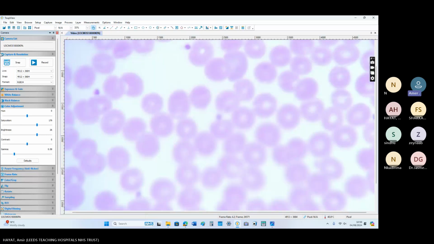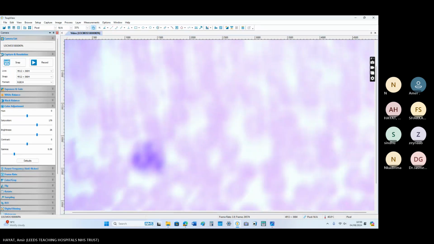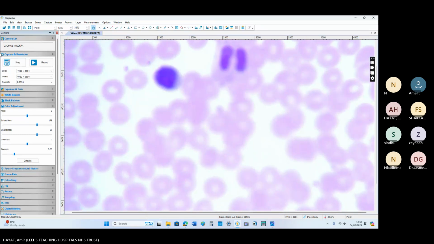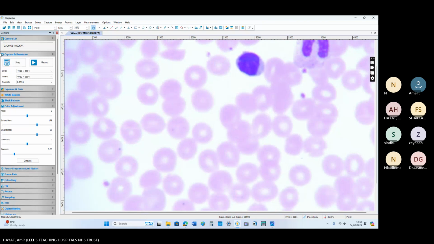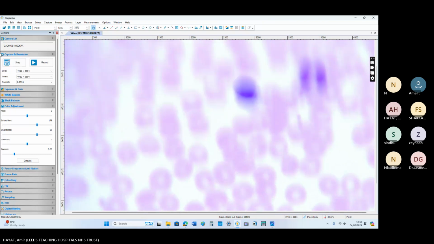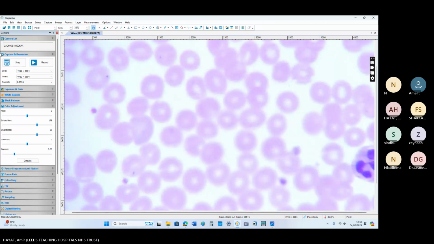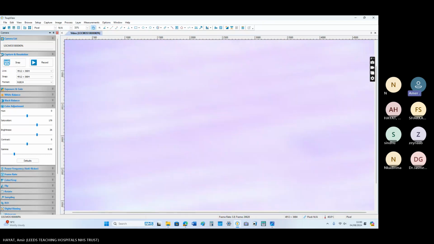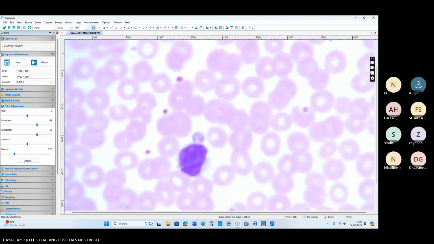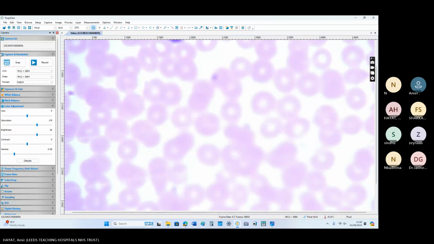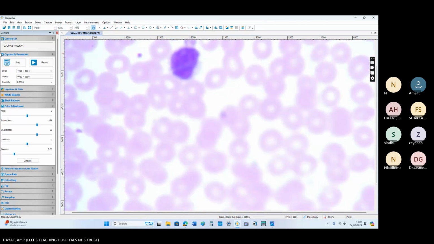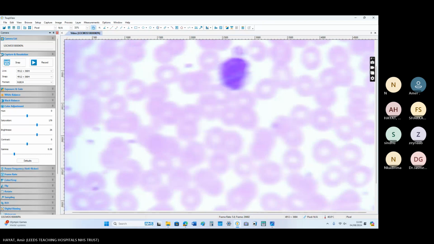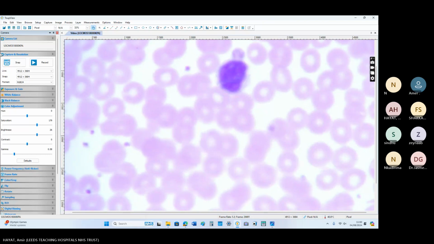Let me show you a few more. What about this cell?